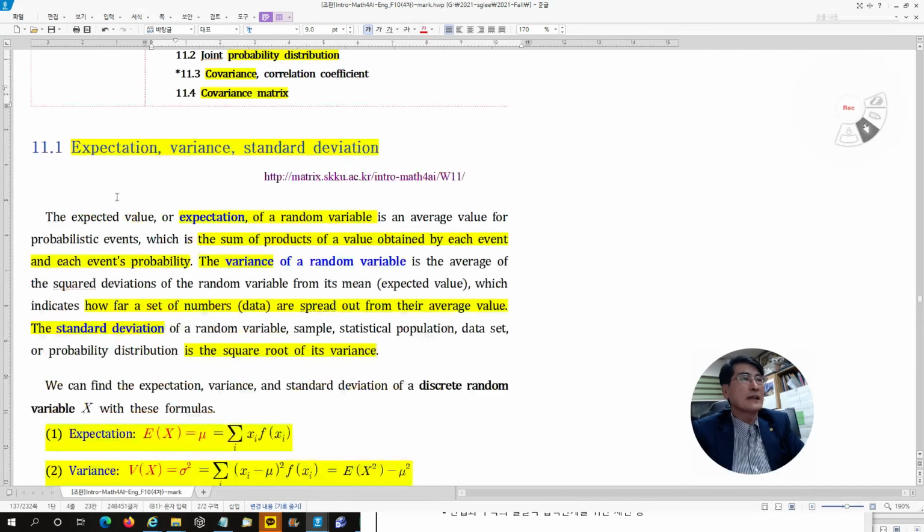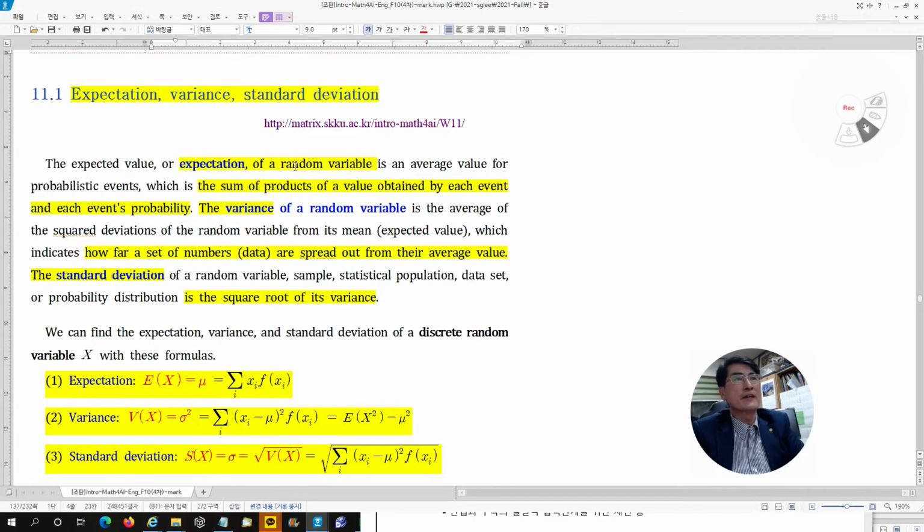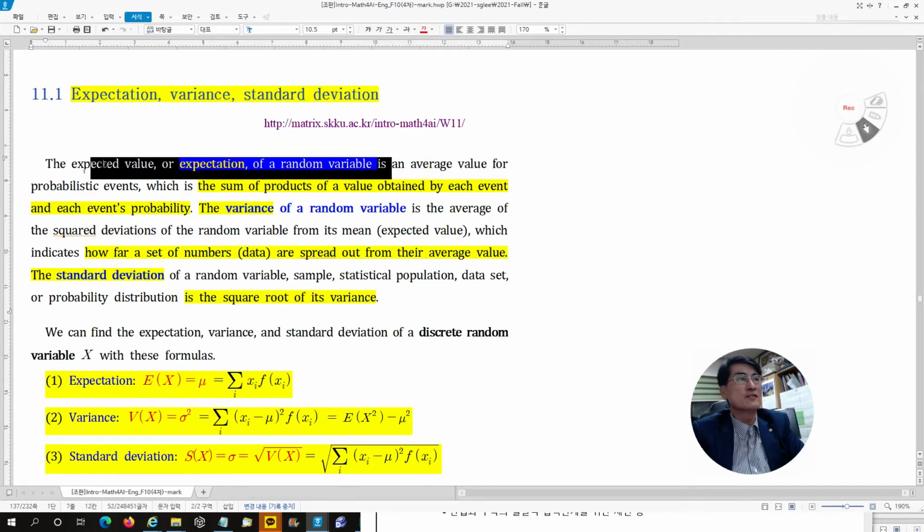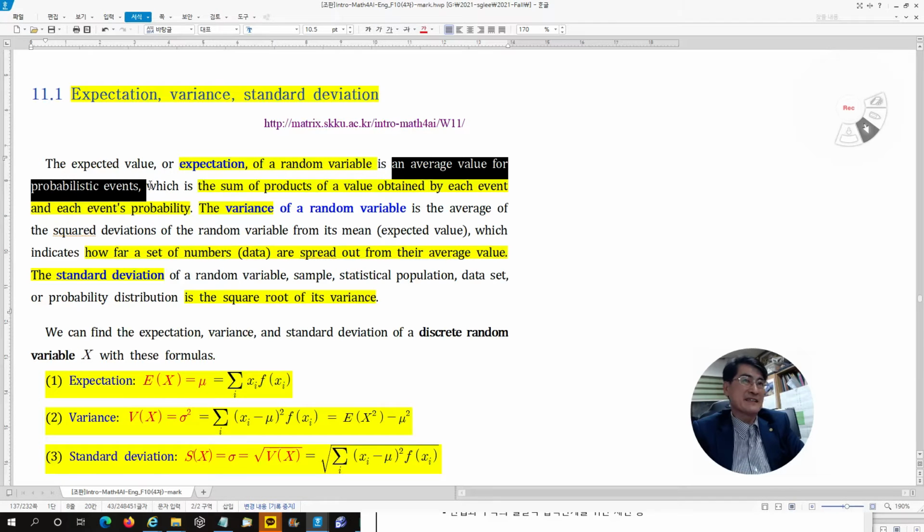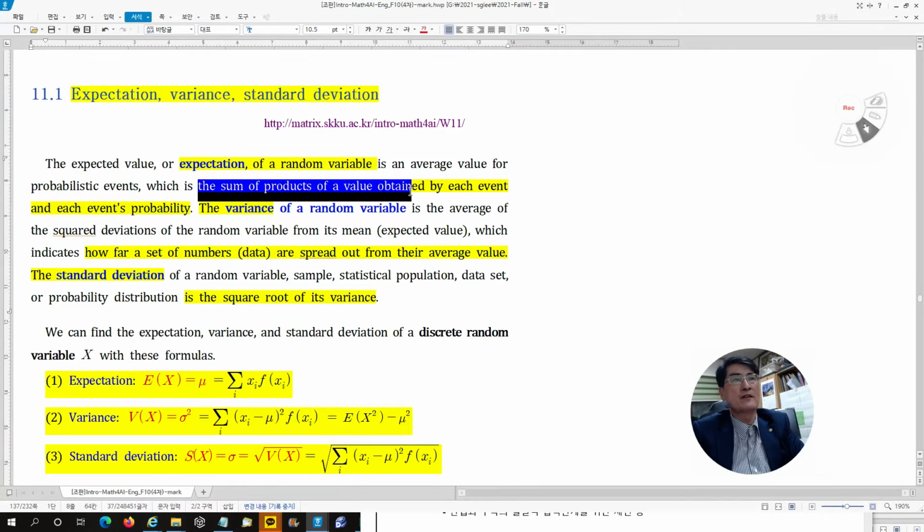Okay, the expected value or expectation of a random variable is an average value for a stochastic event, which is the sum of the product of the value obtained by each event and each event's probability.